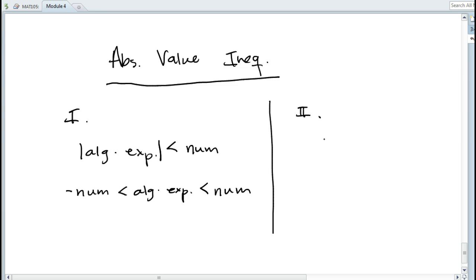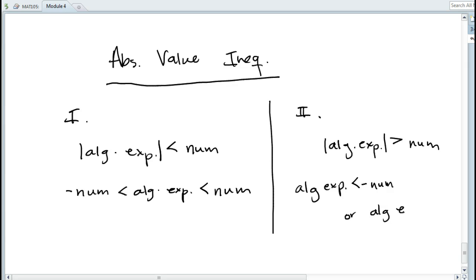And the other scenario is the absolute value of the algebraic expression being larger than the number. Then you'll end up with the algebraic expression less than the negative value of the number, or the algebraic expression greater than the number.